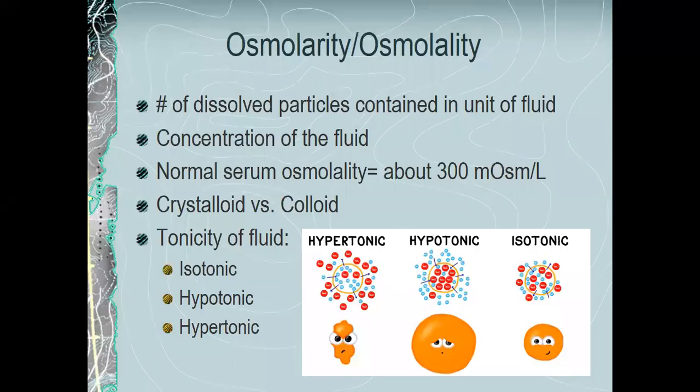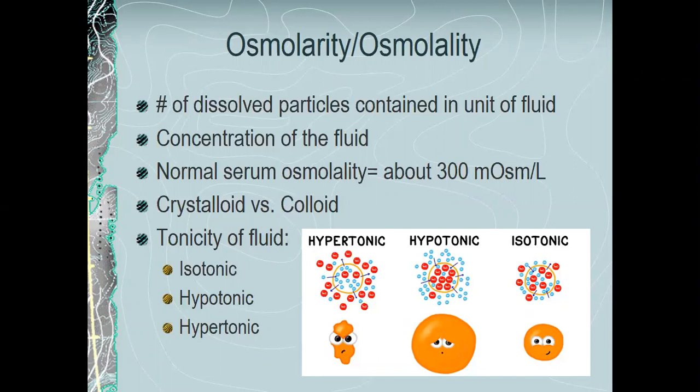When we talk about each of these, hypertonic, hypotonic, and isotonic, we're looking at their osmolality. So water is going to follow salt. With a hypertonic solution, that means the tonicity or the osmolality of that solution is higher than in the serum or in the blood.